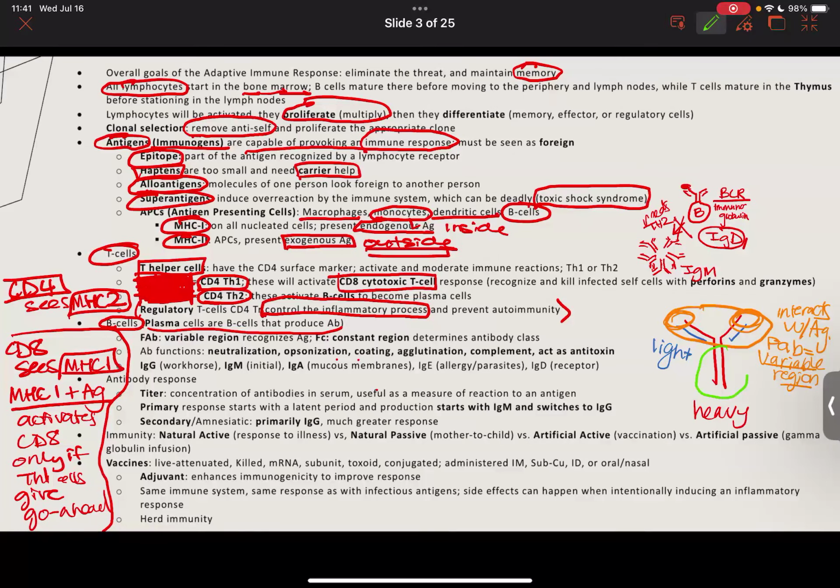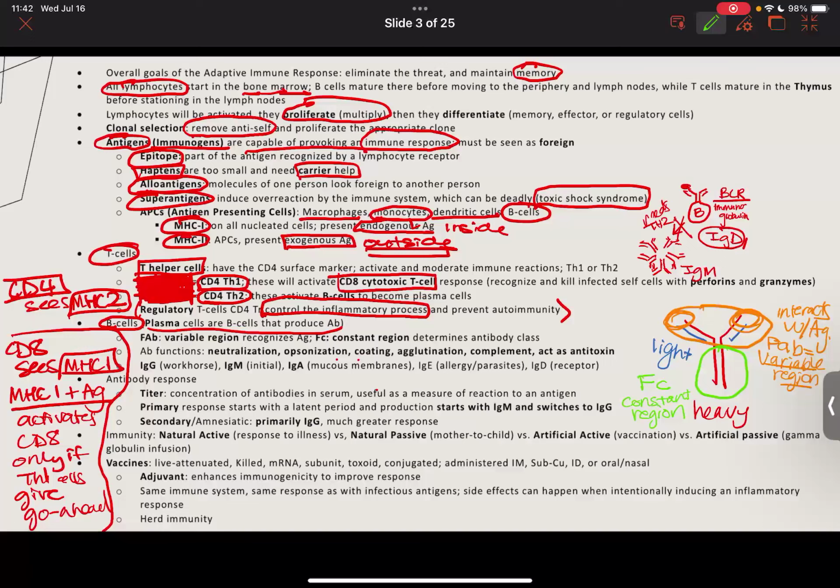This part down here in green is known as the constant region or the FC. We know that the variable region interacts with the antigen. That's its whole purpose, is to see the specific antigen. But the FC, or constant, I like FC, is C and constant. So we have A, B, and C.